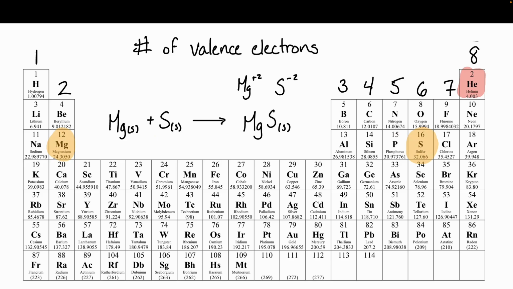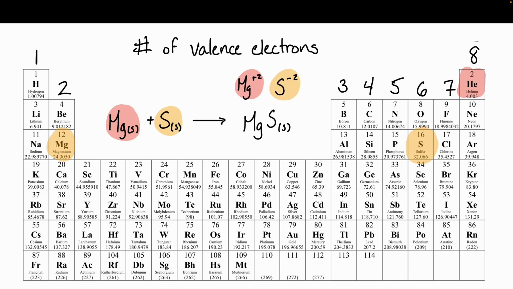All right, so if we notice here, we're starting out with this neutral magnesium atom, and then it's becoming a magnesium ion. Likewise, we're starting out with this neutral sulfur atom, and it's becoming this sulfide ion here.